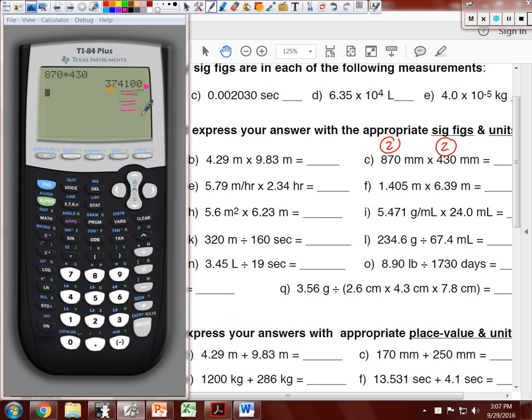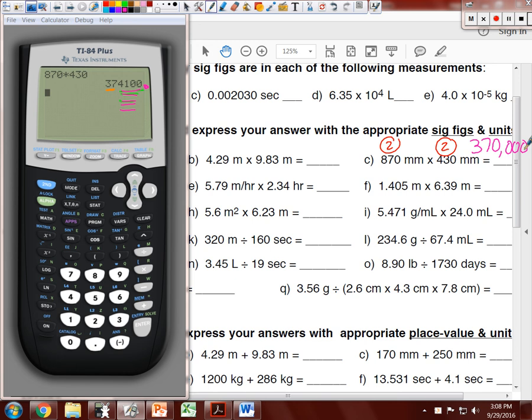Turn them to zeros. So 374,100 to two significant figures is not 37. You go, those are two totally different numbers. So what does the value turn into? It turns into 370,000.